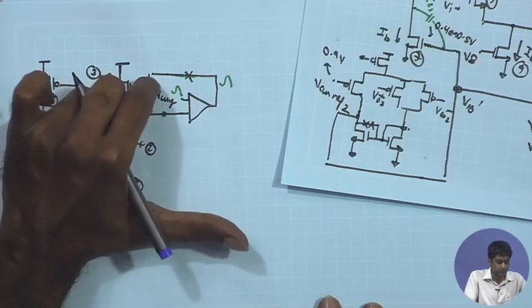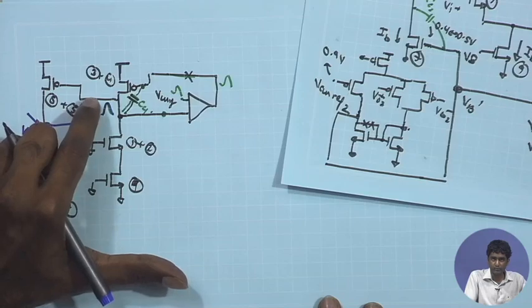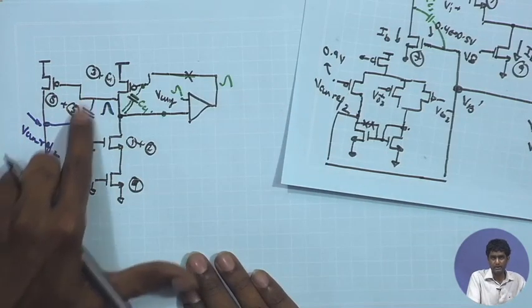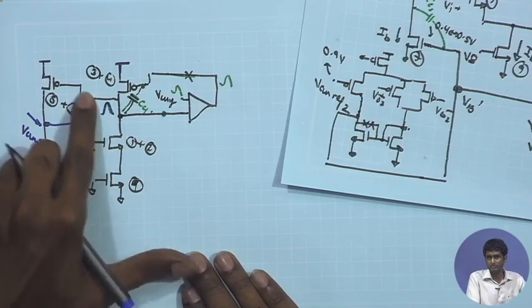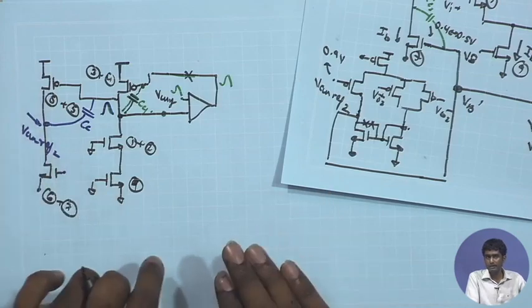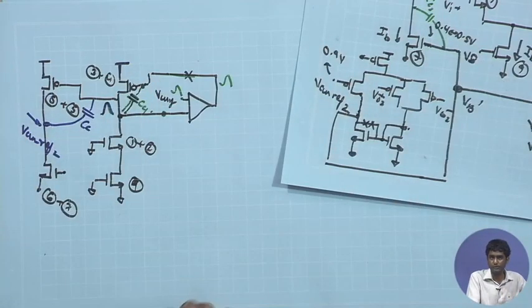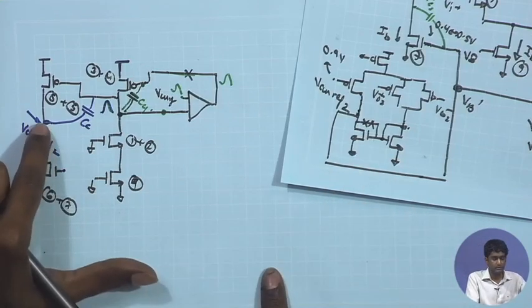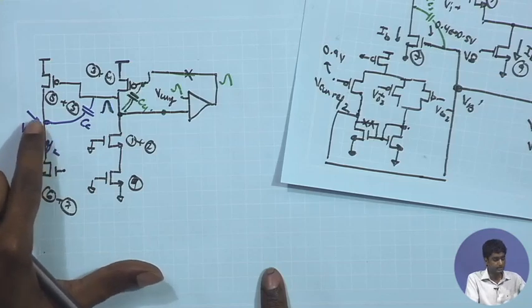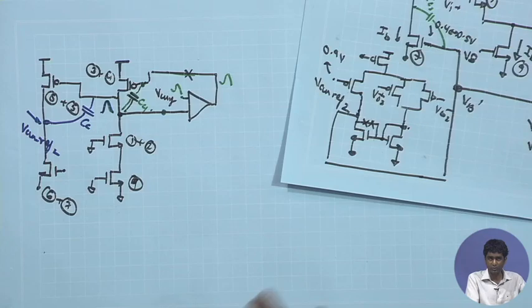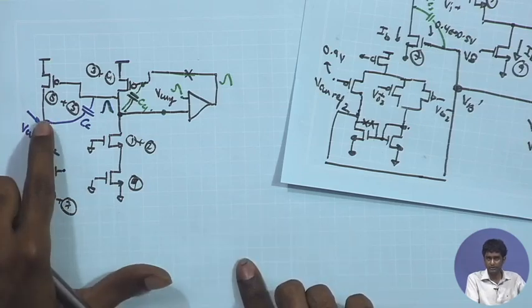Not only this point, but the output of the second stage in the first common mode feedback loop would also experience a large Miller multiplication and hence loading at this point for the common mode response, which would mean that both the poles have been shifted to lower frequency, and therefore the target of a 45-degree phase margin would not have been met. But that is not happening because we are assuming that the output common mode of the second stage is being dictated by the second loop, and it is fixed to the VCM ref.